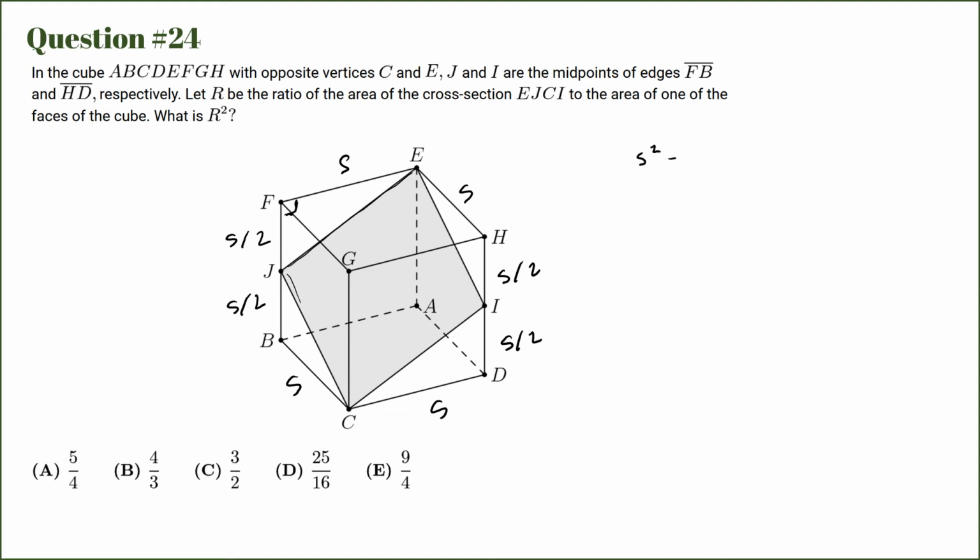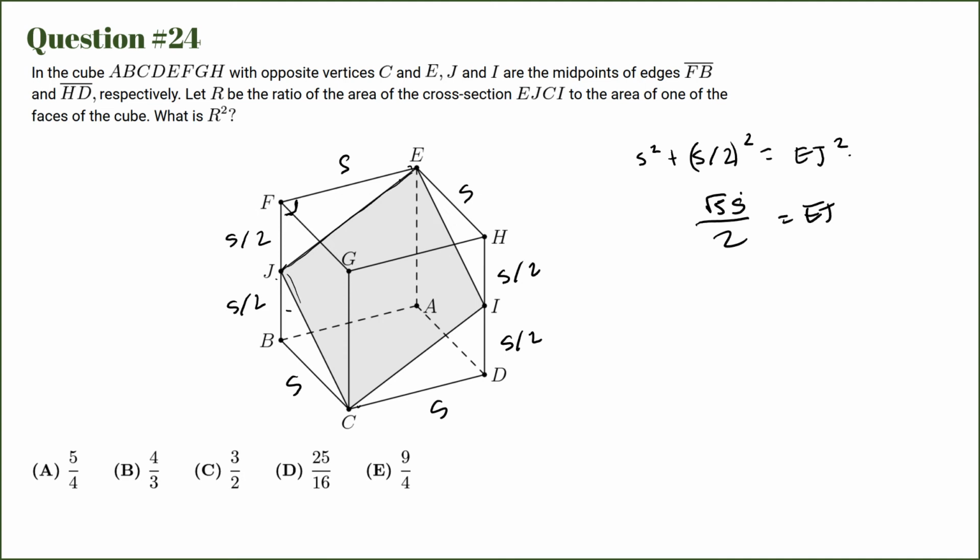S squared plus S over 2 squared equals EJ squared. So this means root 5 S over 2 equals EJ. And that's true for all of these sides. So EJCI is a rhombus.